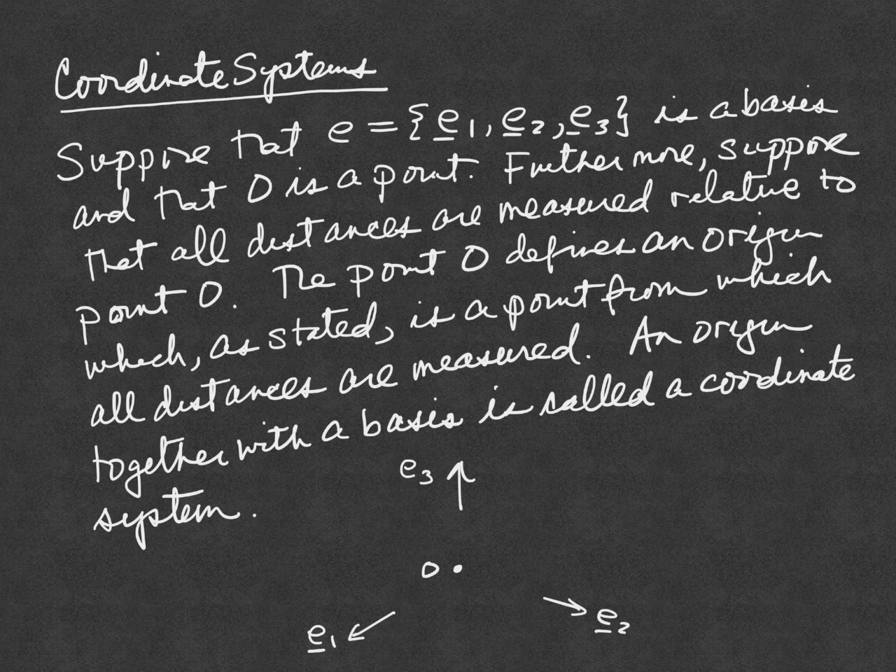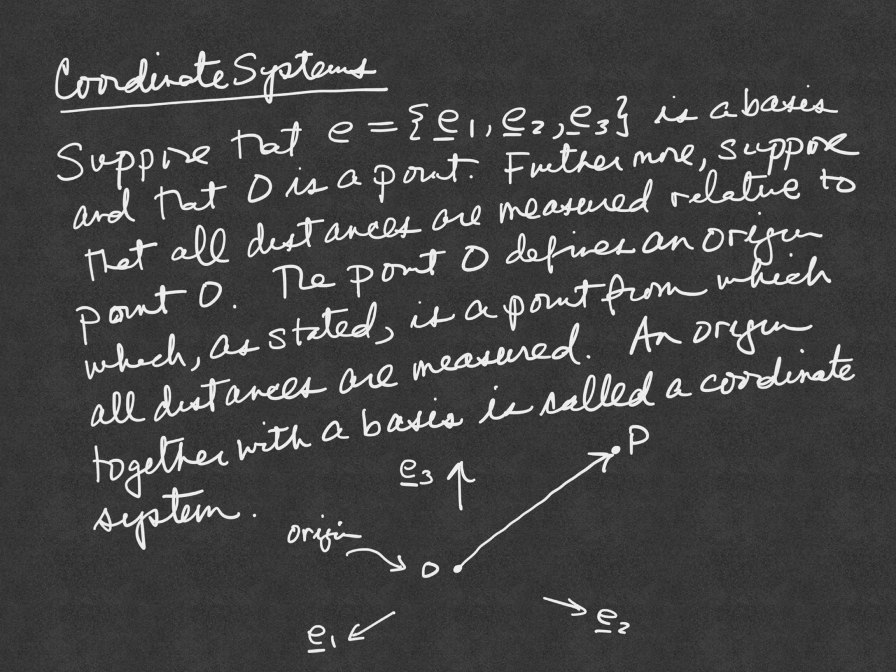And if I have a point P out here, and I take the vector from O to P, then if I'm saying that P is a certain distance away, that distance is being measured relative to O, because O is the origin of the coordinate system, and the basis is E1, E2, E3.